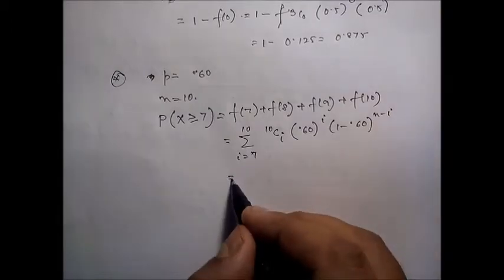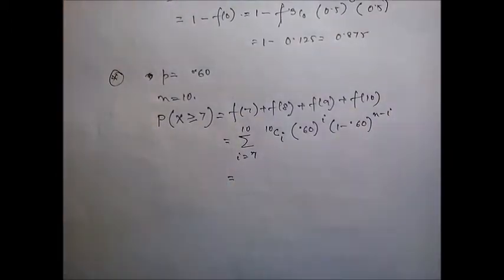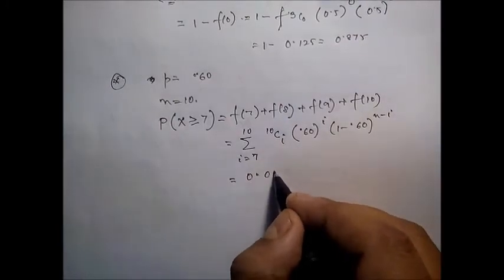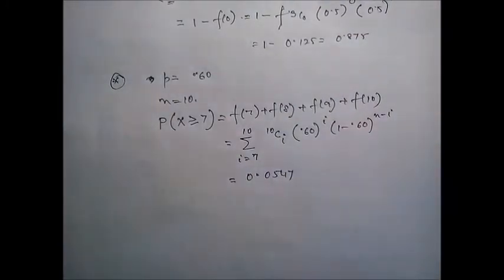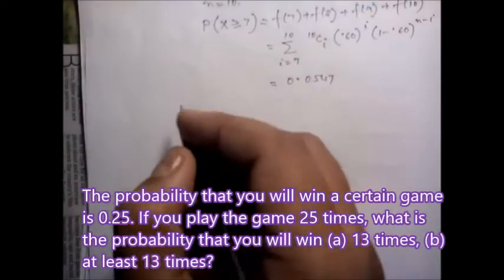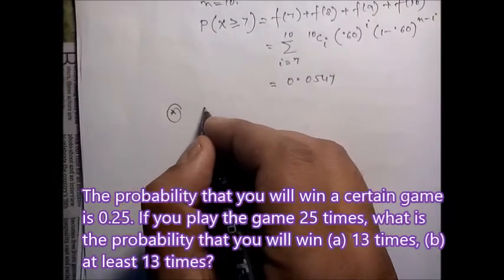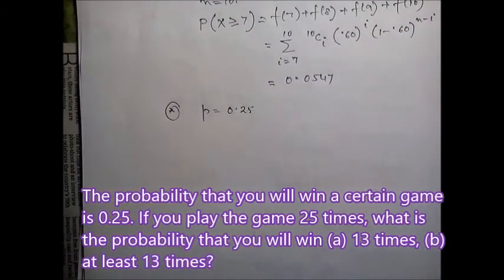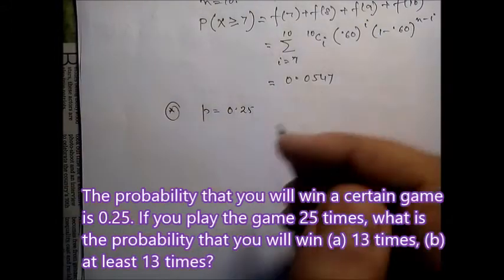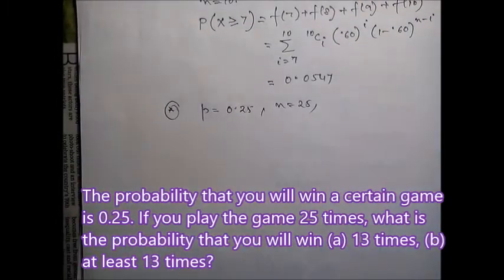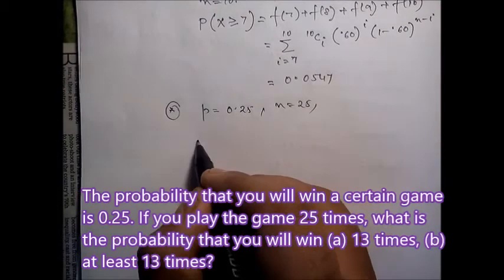If you solve it, we can get the answer, and the answer is 0.0547. The probability that you will win a certain game is 0.25. If you play the game 25 times, what is the probability that you will win 13 times?